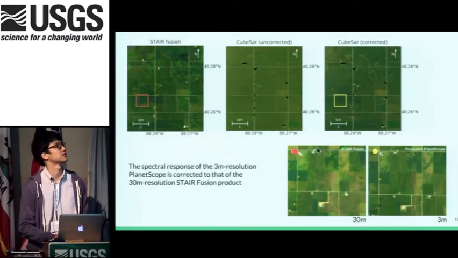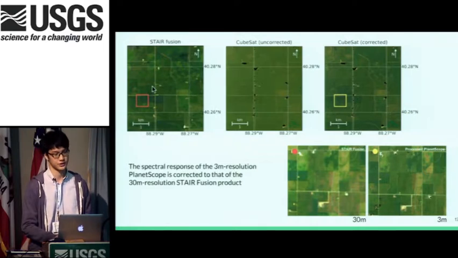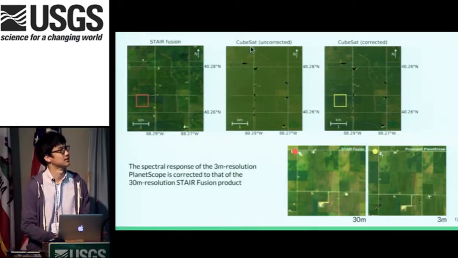So what happens here is that we have our STAIR fusion results on the left, with 30 meters resolution. It already has the same spectral profile as MODIS NBAR. We have the CubeSat data over here, and we basically take the distribution of the STAIR output and force the PlanetScope data in such a way that it shares the same distribution as the 30 meters STAIR product.